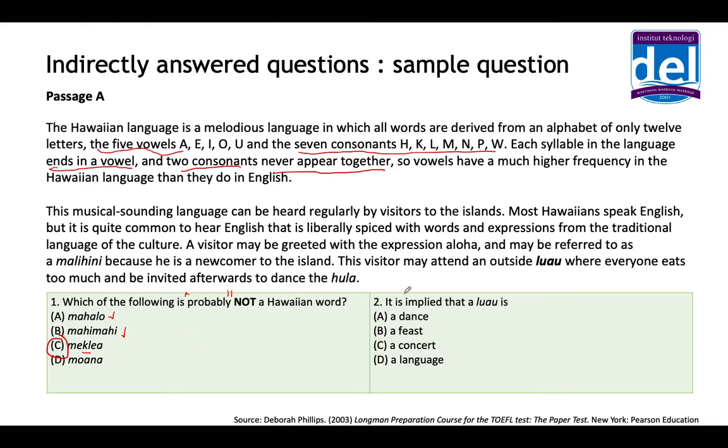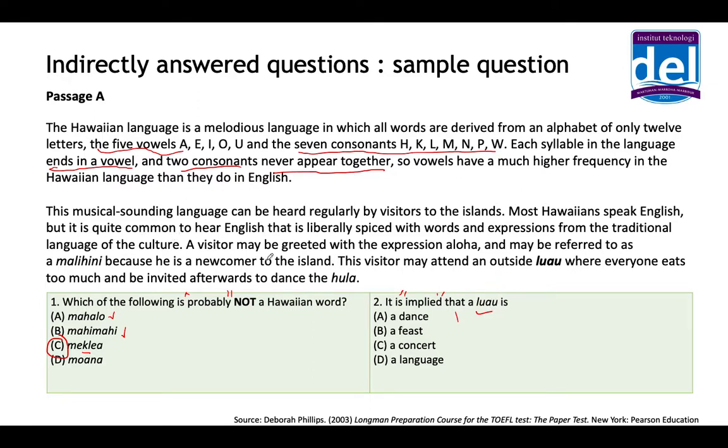And now let's look at question number 2. It says here, it is implied that a luau is. Again, if we look at this question closely, it's got implied, so this is the characteristic of an indirectly answered question. It means later we will have to make some inferences. And the word is luau. So here we can make luau a keyword.